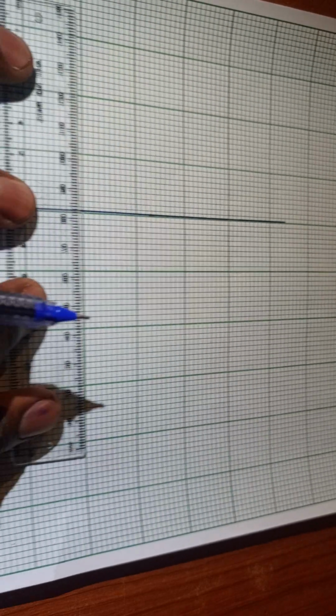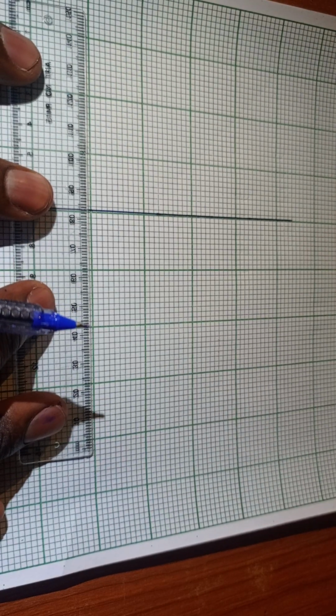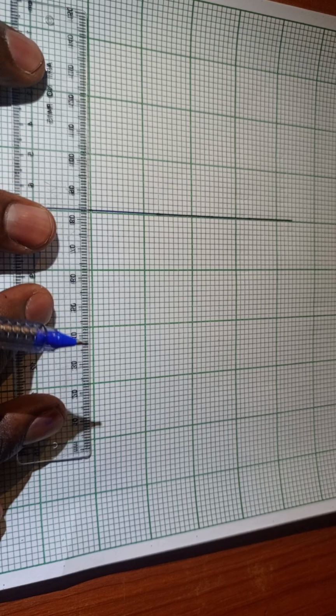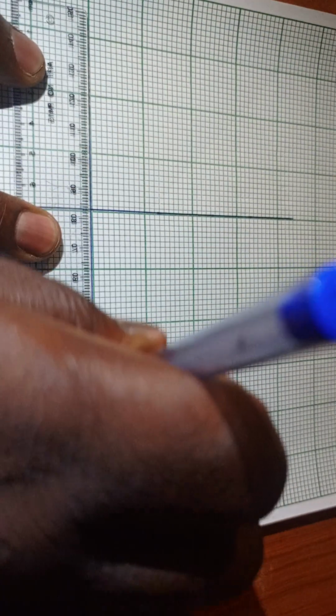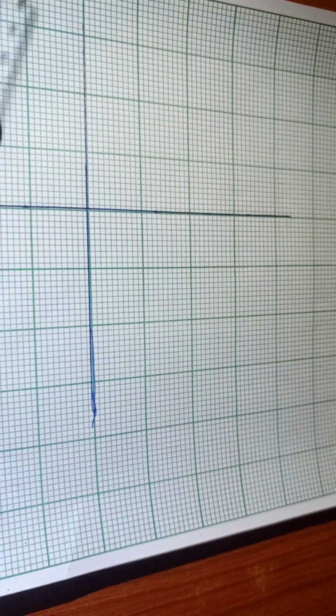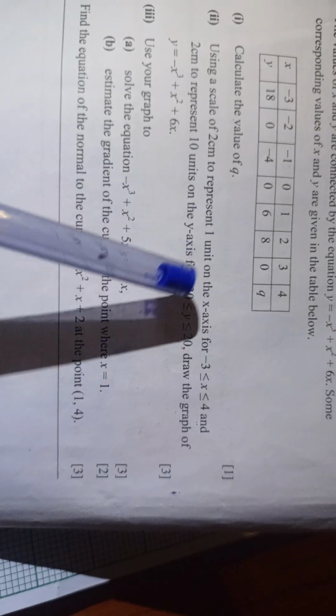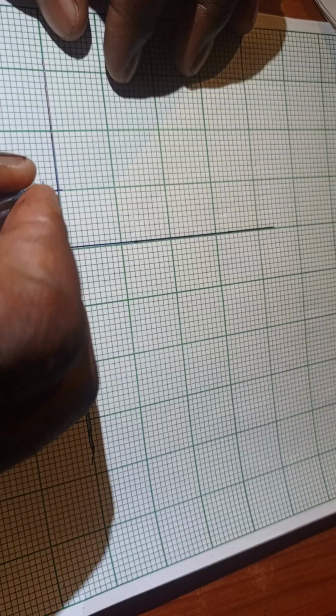Now, they say that on the axis we use negative 3 to positive 4. So negative 1, negative 2, negative 3 like this.